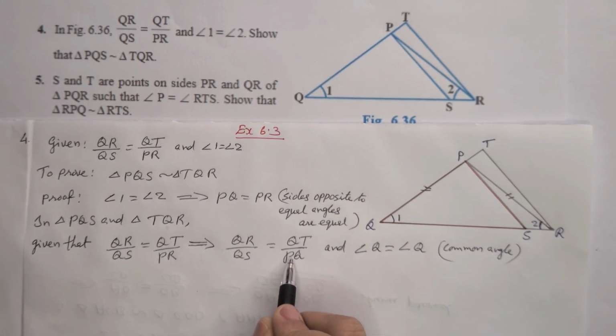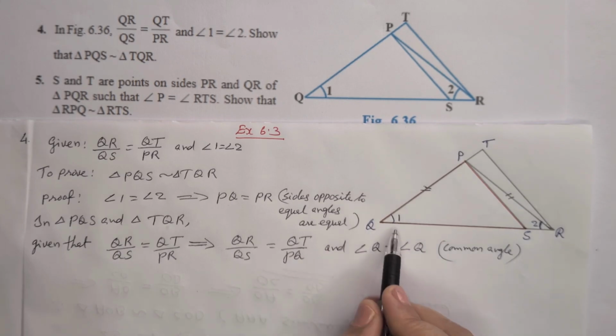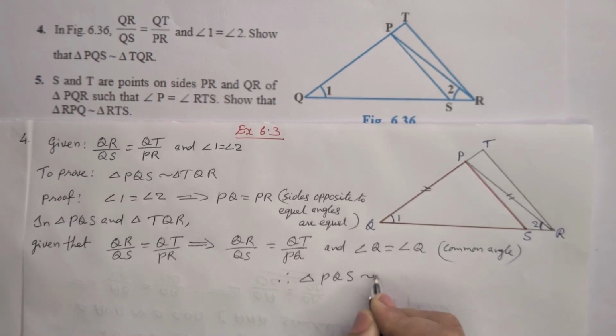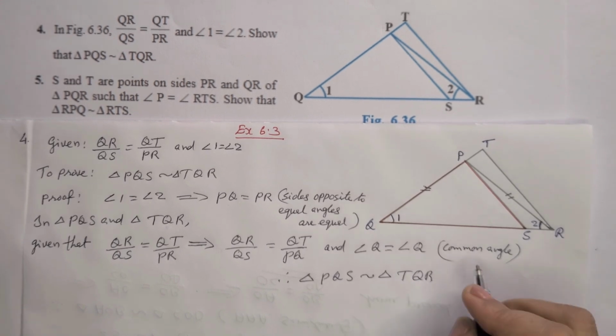So two sides are proportional and the included angle is equal. Therefore, triangle PQS is similar to triangle TQR by SAS similarity.